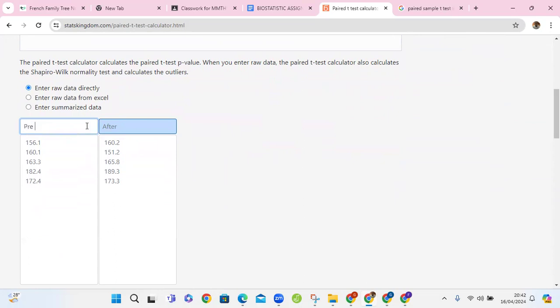Pre-treatment, and post-treatment. So let's just copy and paste the data.